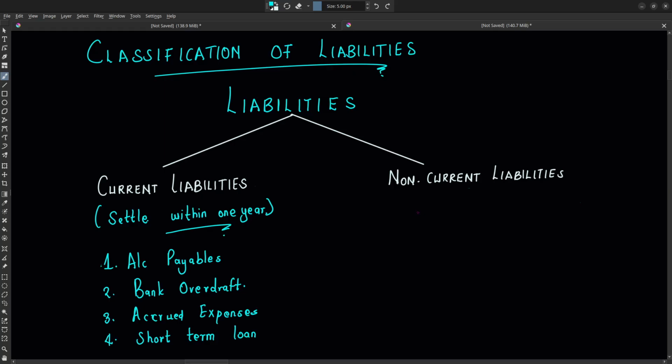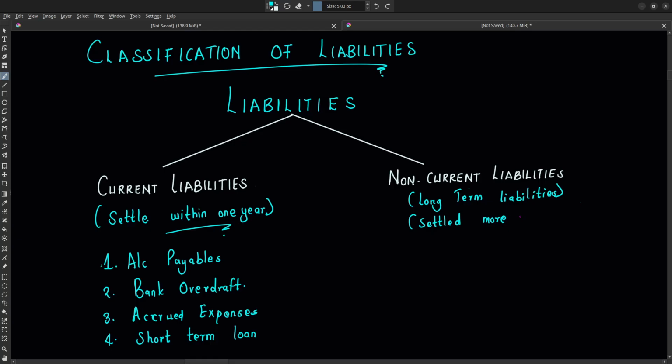Now let us look at non-current liabilities, which are also known as long-term liabilities. These are liabilities that can be settled even after more than 1 year.